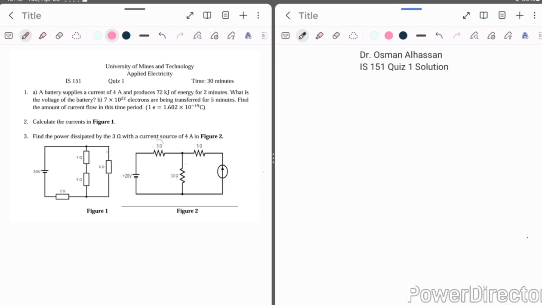Question 2, I'm going to solve using the mesh analysis method. Then question 3, I'll be using the superposition theorem.